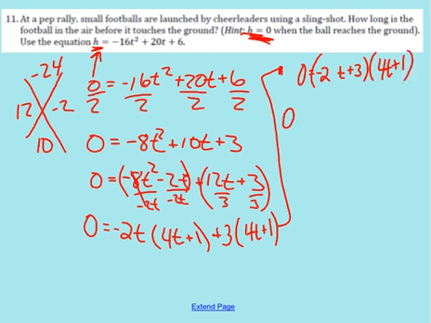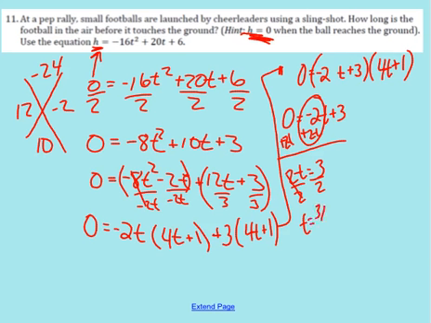Well, with 0 equals negative 2t plus 3, I'll add 2t, because when I add 2t, now I have a positive answer. I'm going to have 2t equals 3, divide by 2, divide by 2, t equals 3 halves. Or I'll have 0 equals 4t plus 1, subtract 1, subtract 1.